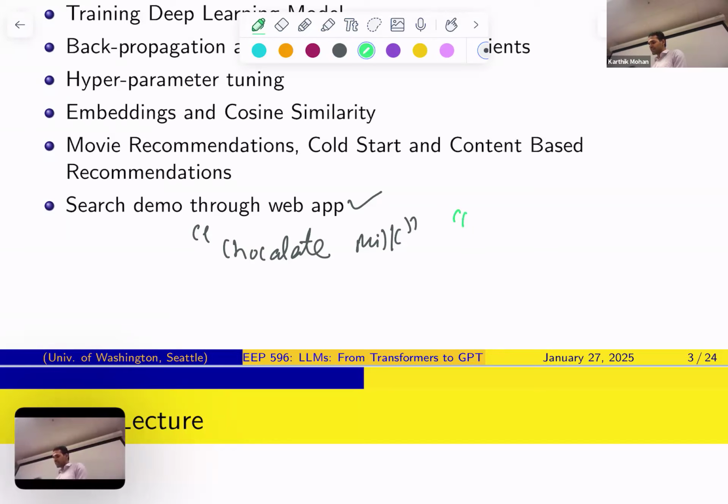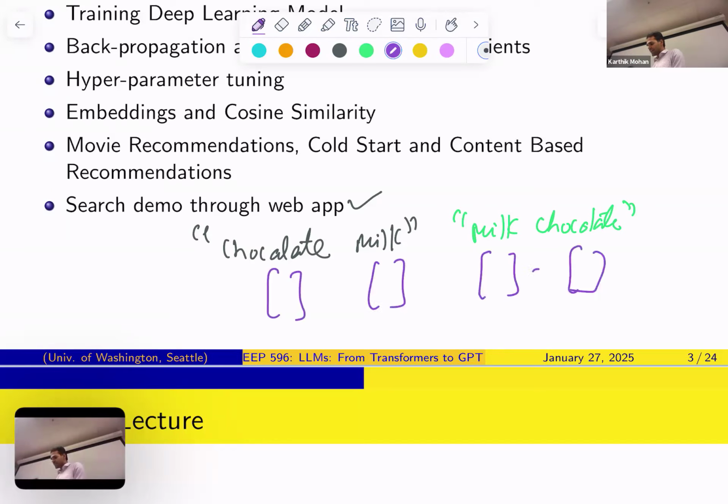I think this is where you start thinking in terms of how these embeddings and vectors help you with search, right? So we said that if you had chocolate milk, it would have the exact same average as milk chocolate, right? If this is chocolate and this is milk, and then you say this is milk, this is chocolate, they're the same vectors.